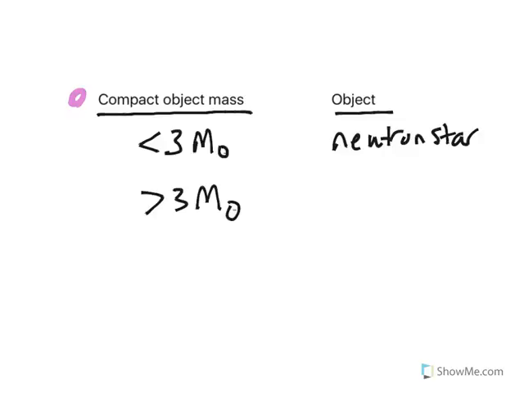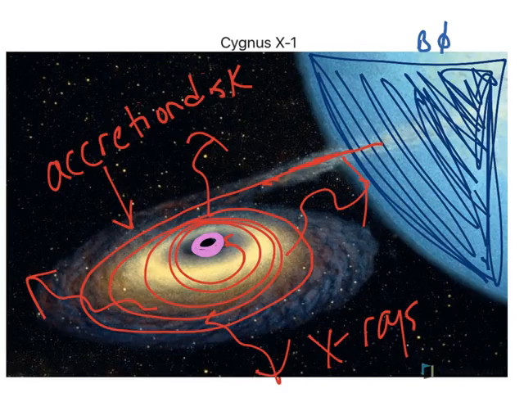If, however, the mass of the compact object is greater than 3 solar masses, then it's going to be a black hole star. Now, since we know the mass of the compact object in Cygnus X-1 is 10 times the mass of the Sun, we know that the compact object has to be a black hole.